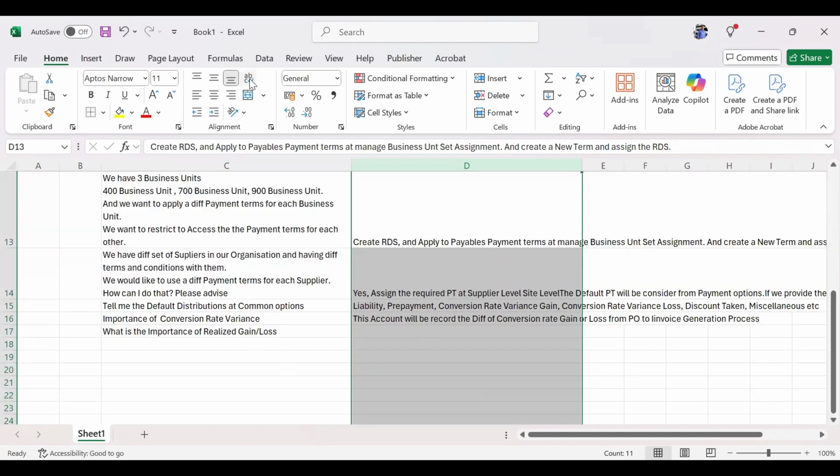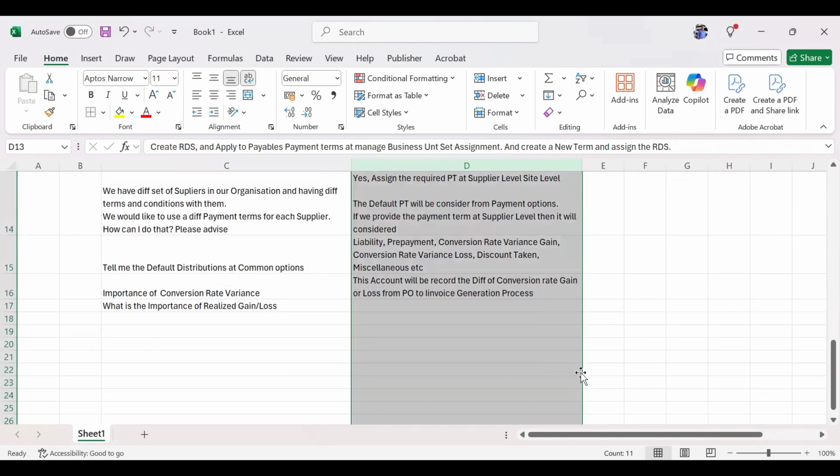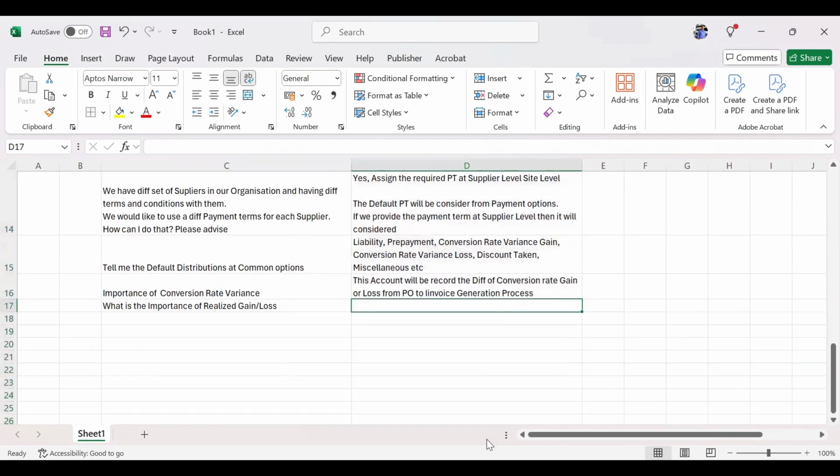Anybody? So this account will record the conversion rate between invoice creation and payment creation. After payment it will be closed, right? So when you have done the payment, you should know the resulting gain or loss.